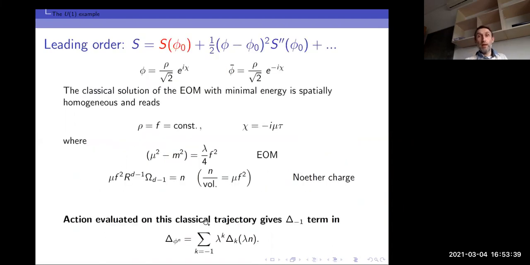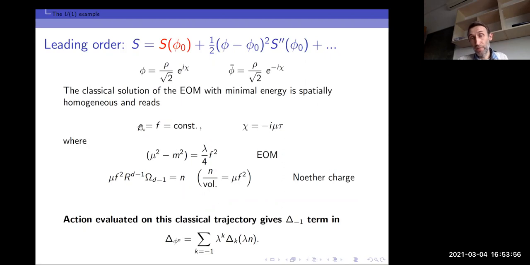So we are now working at the leading order, which means we have to solve this classical equation of motion, as I mentioned to you, finding this phi 0 stationary point. This stationary point will be parameterized as follows.